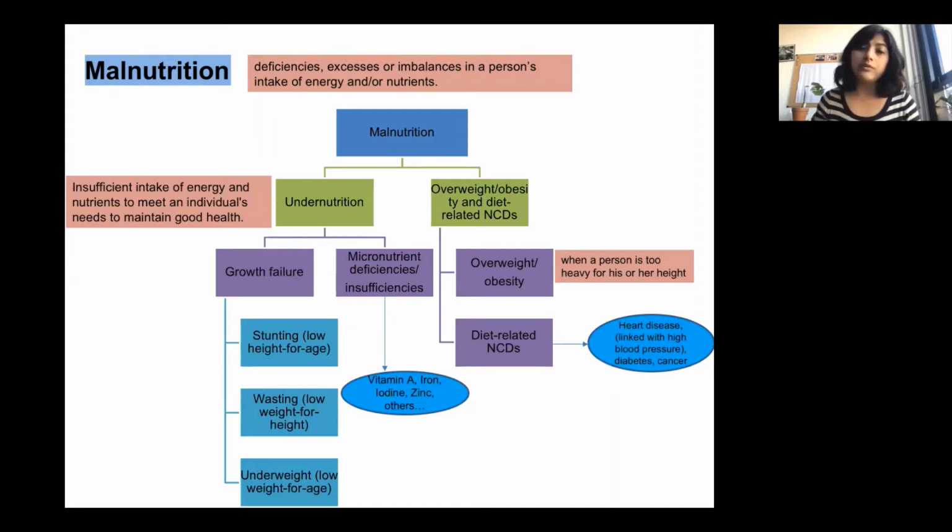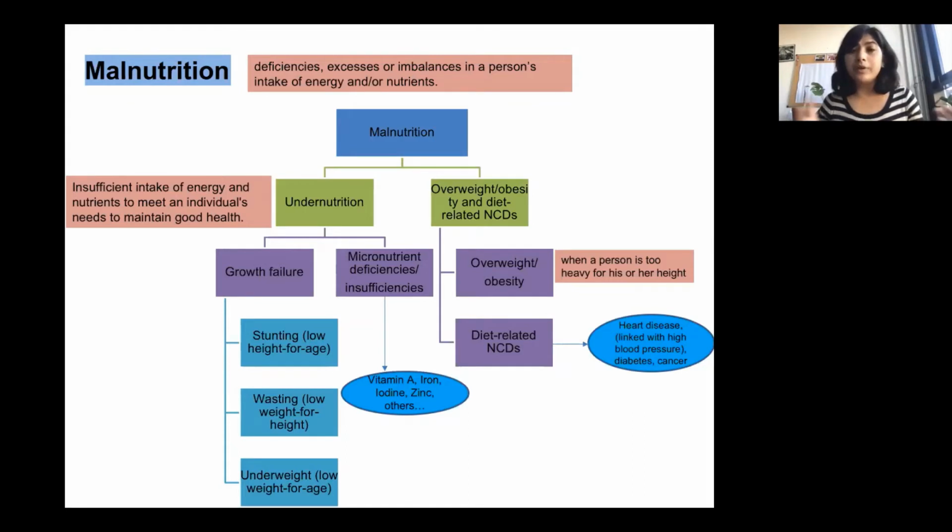And there are 2 different forms of undernutrition. The one is growth failure. Growth failure is a kind of physical, visible failure that is mostly measured in terms of 3 different categories: stunting, wasting, and underweight. Stunting is generally low height for age. For example, there is a standard height for a certain age that the WHO recommends.